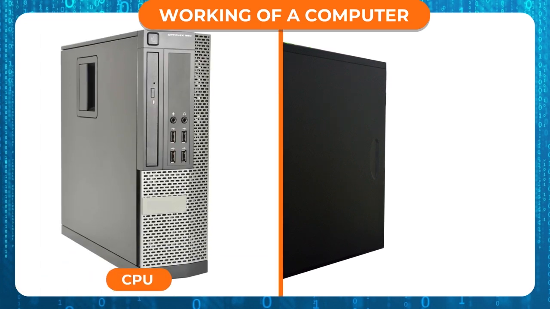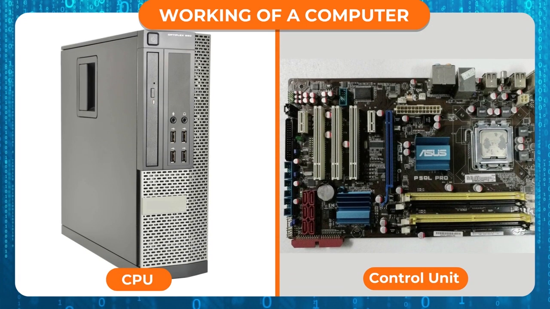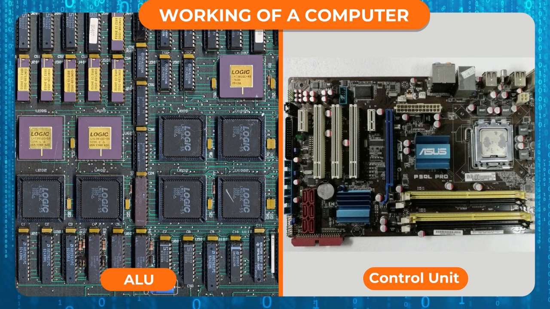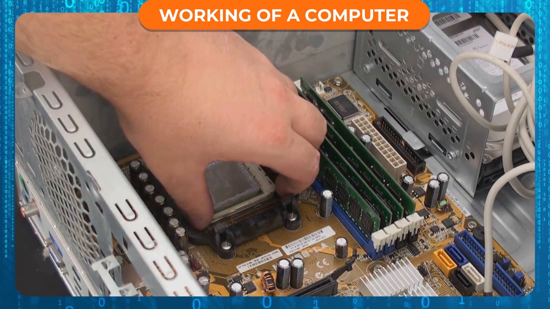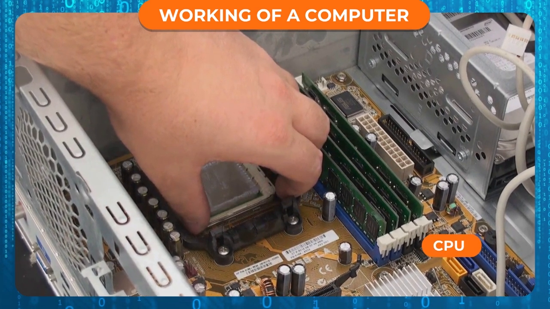In CPU, control unit controls communication within ALU and memory unit, as it is the central part of CPU.